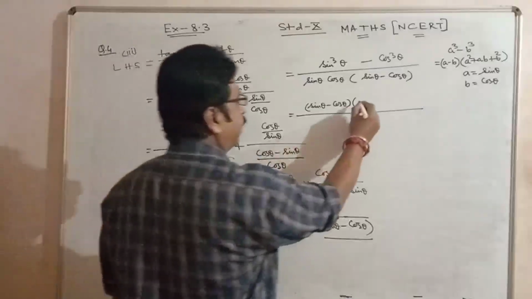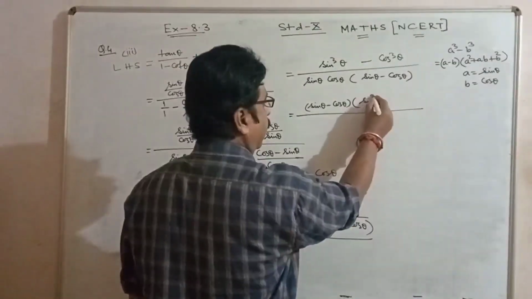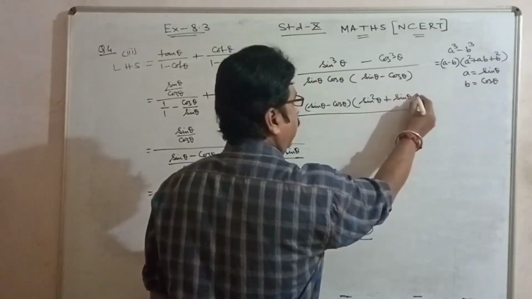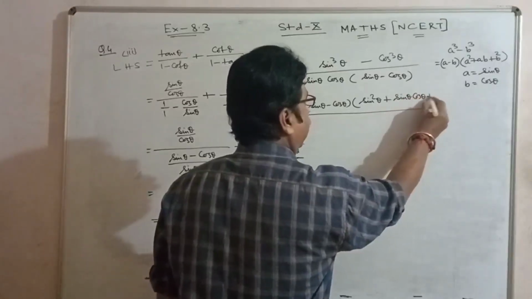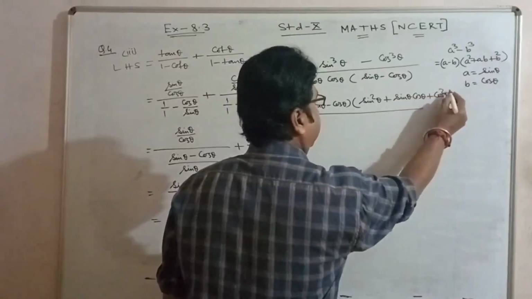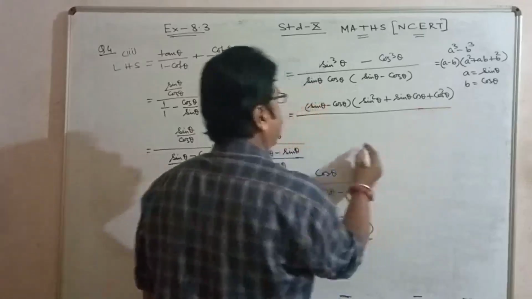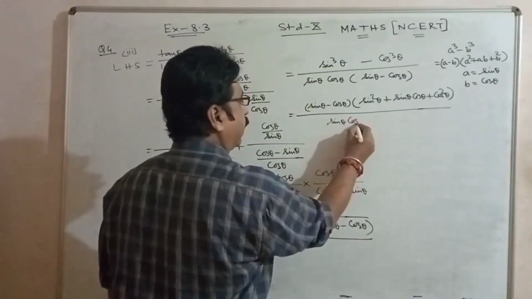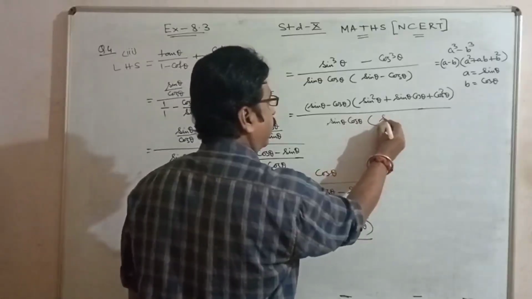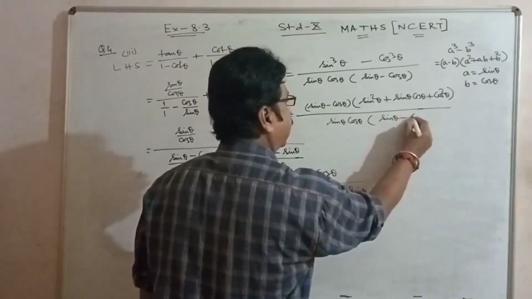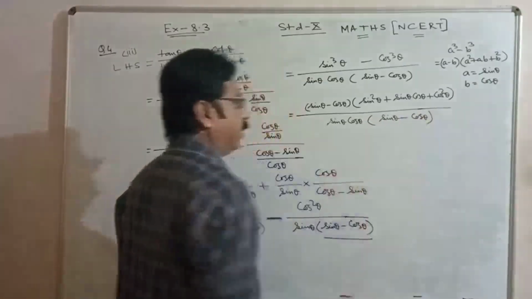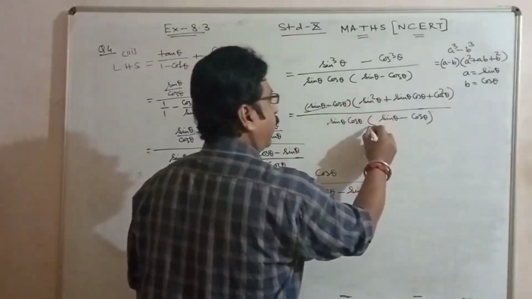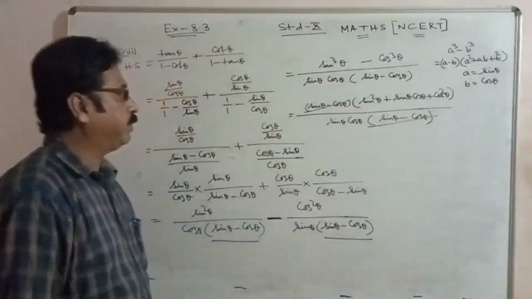A square means sin square theta, plus ab means sin theta into cos theta, plus cos square theta, upon sin theta cos theta into sin theta minus cos theta. We can cancel this one and this one.